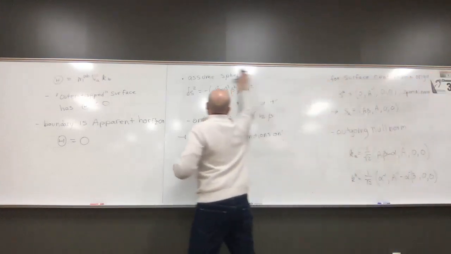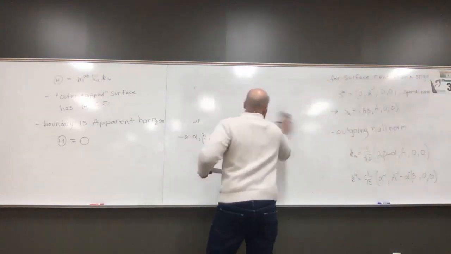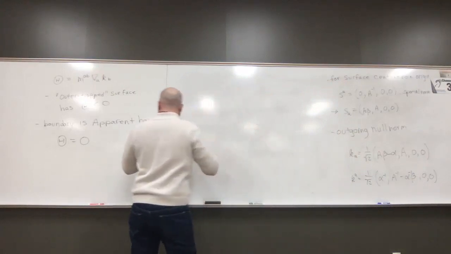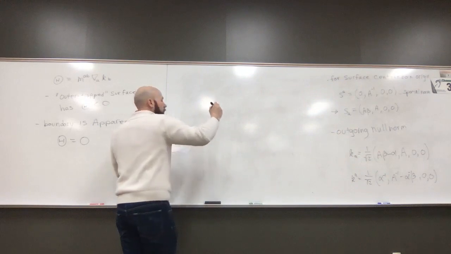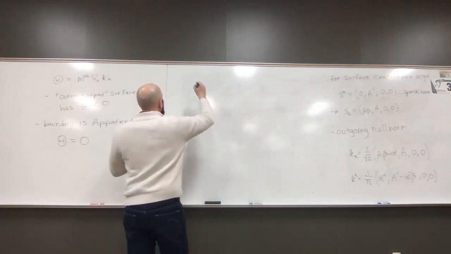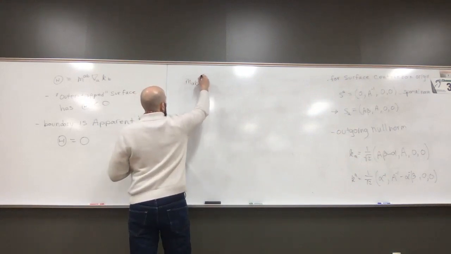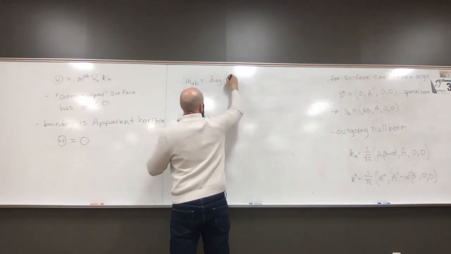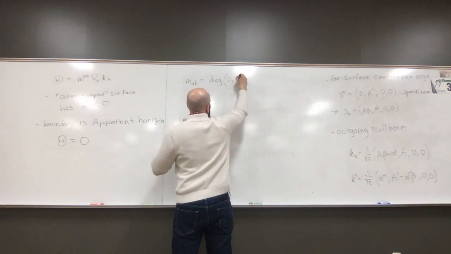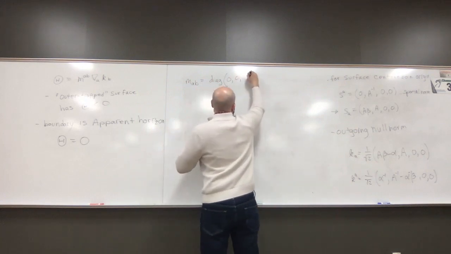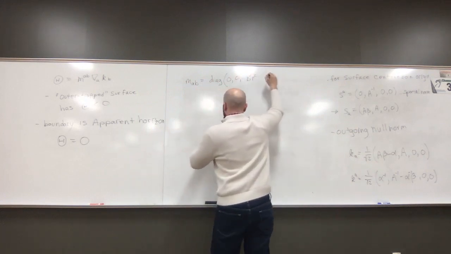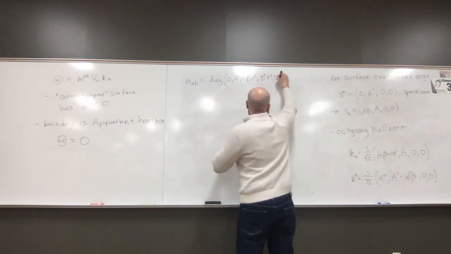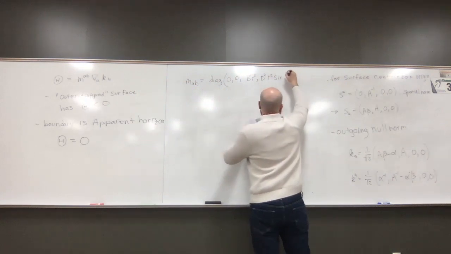We'll just do it here. Okay. And then the 2 metric is diagonal, and it is 0, 0, b squared r squared, b squared r squared sine squared theta.